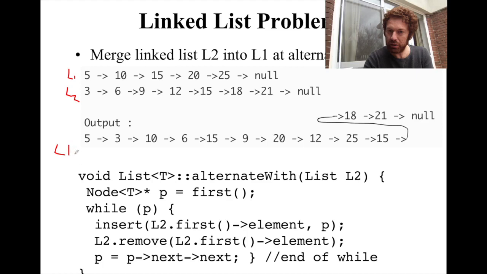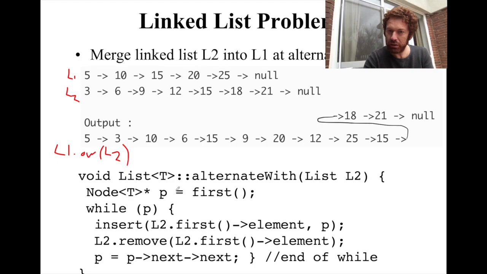From main, I will do it like L1.alternate_with(L2). In the end, I will be updating L1 with this content from L2. There are many ways to do this, but let's stick with the one that is given here.